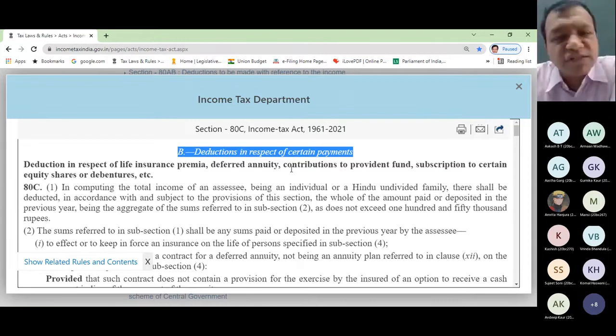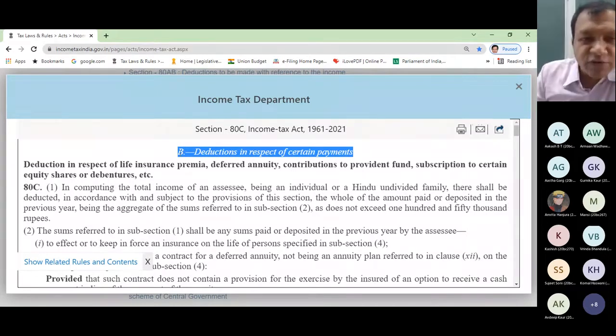Now there are some deductions which are payment based, like 80C is payment based. When you pay something, you get it. That is why you will find this heading when you read the act.